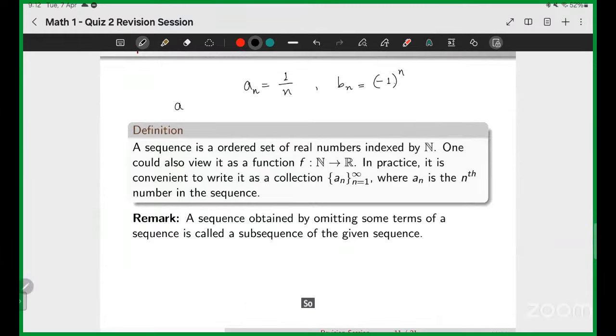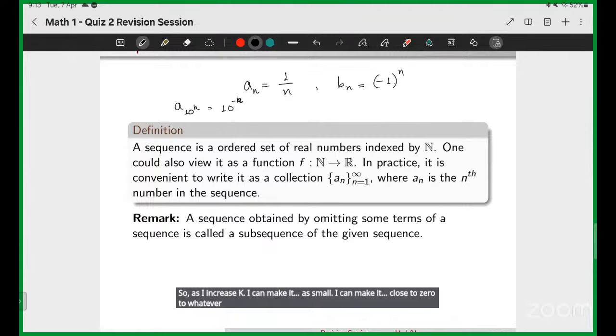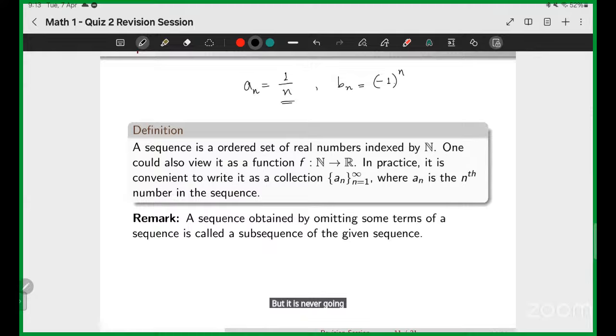So if I look at a_n for n equal to 10 to the k, what is this? This is simply 10 to the power minus k. So as I increase k, I can make it as small, close to 0, to whatever number of decimal places that I want. But it is never going to become 0.